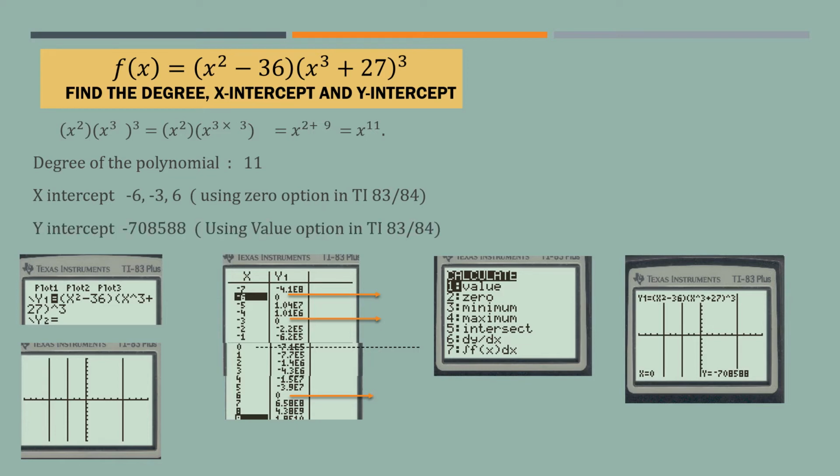Now to find the y-intercept, we can make use of the value option, that is, find the value when x is equal to 0. That value becomes our y-intercept, or from the table also we can find the y-intercept, that is, the value of y when x is equal to 0. So in this way we can find the x-intercept, y-intercept, and the degree of a function.